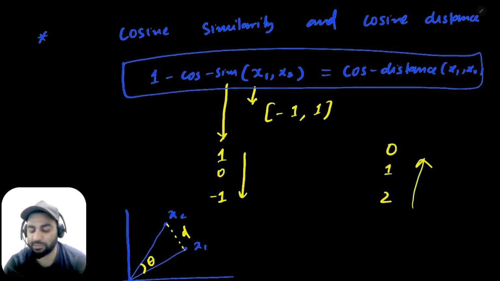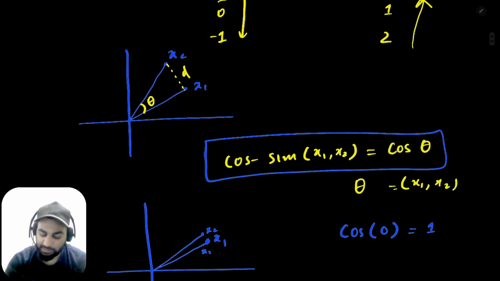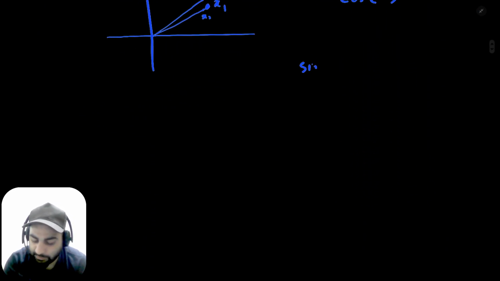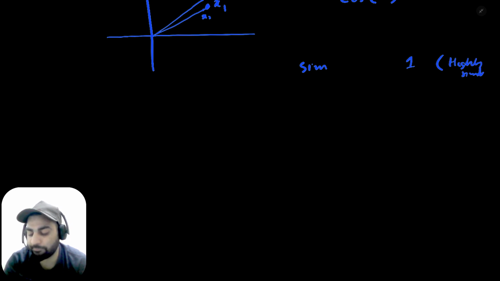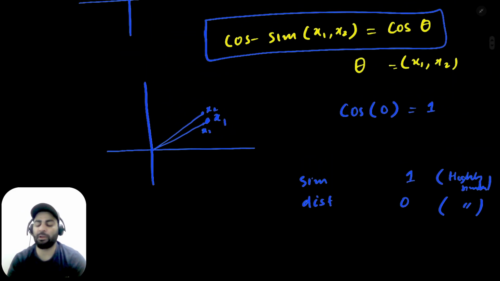Distance between them should be 0. That's why here you'll say 1 minus 1, that is 0. So a similarity of 1 means they are highly similar, and a distance of 0 means they are the same thing. That's what we are capturing here.